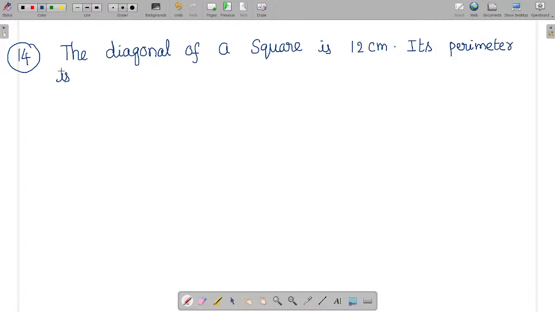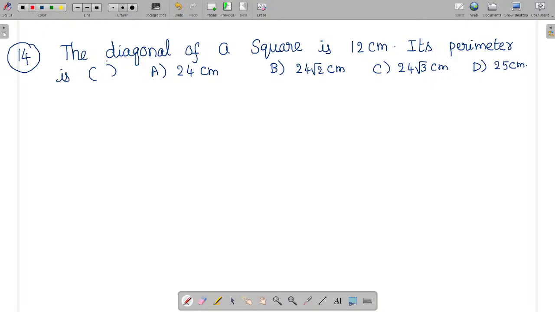Option A is 24 centimeters, option B is 24 root 2 centimeters, option C is 24 root 3 centimeters, option D is 25 centimeters. Okay, are you able to solve this question now?